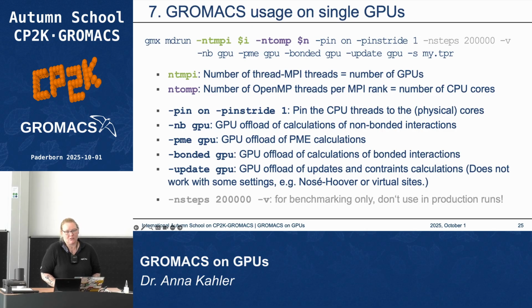That is just because it's not implemented by the developers. I guess you could send them a Git issue. Some of these are in plans, especially the virtual sites, because I guess it's already in the main branch on the Git, though not in a release.